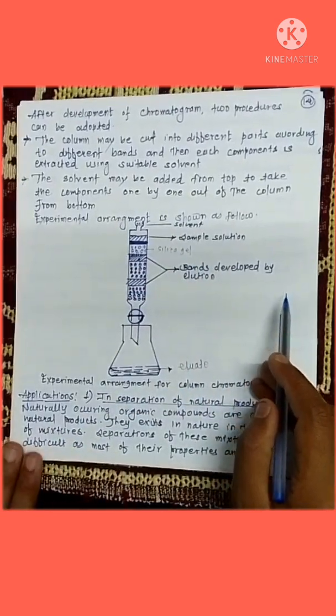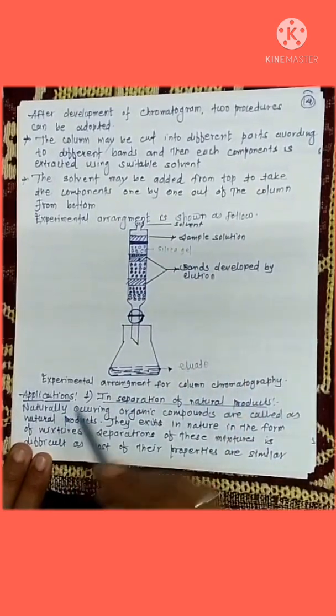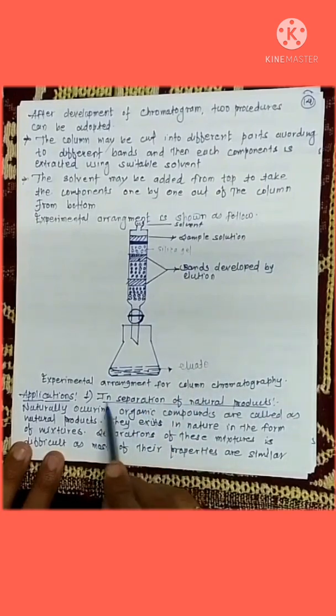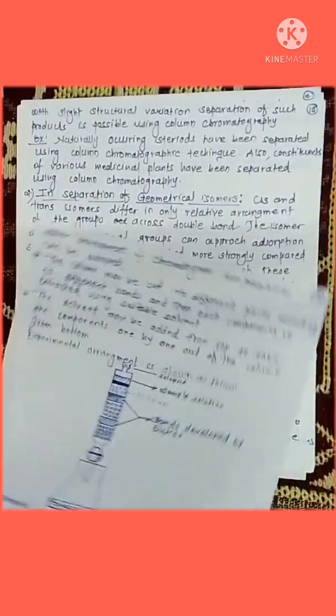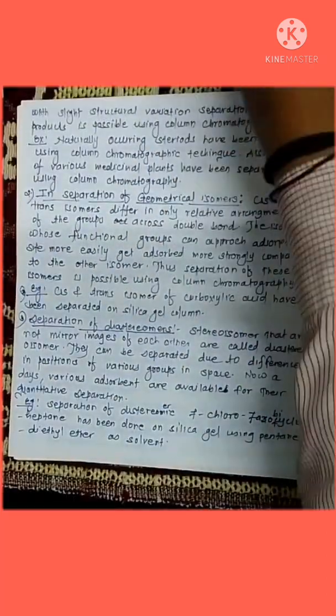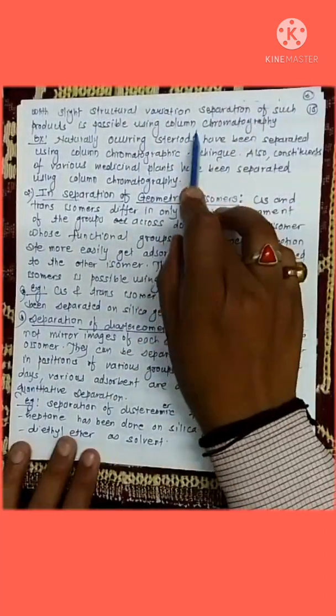Now we are going to see applications of column chromatography. Column chromatography is used in the separation of natural products. Naturally occurring organic compounds are called natural products. They exist in nature in the form of mixtures. Separation of these mixtures is difficult as most of their properties are similar, with slight structural variation.